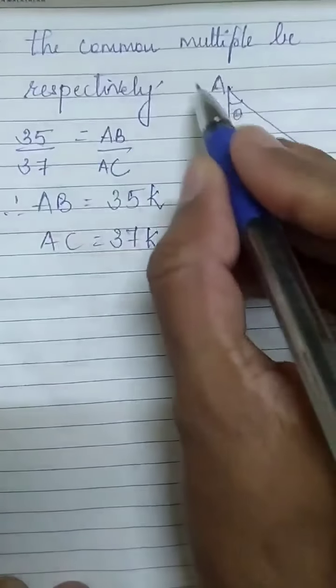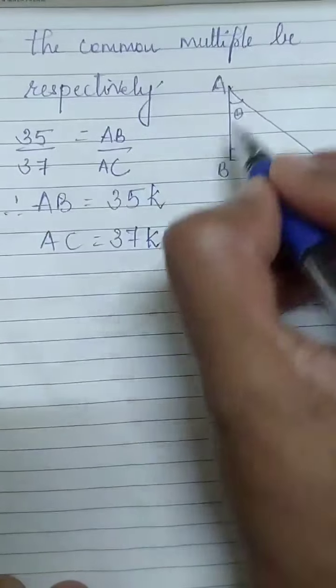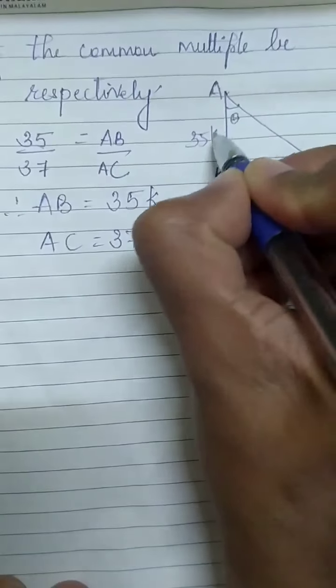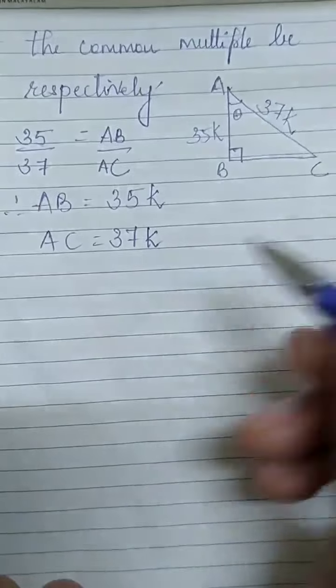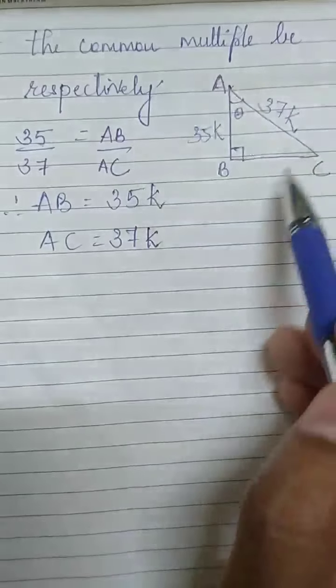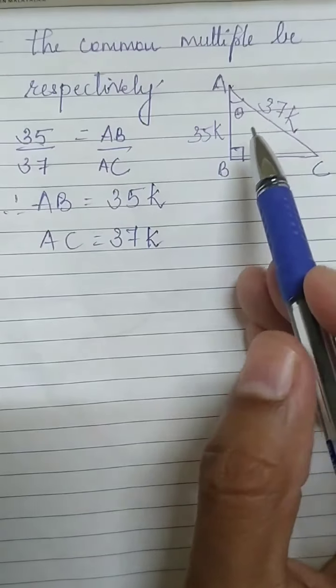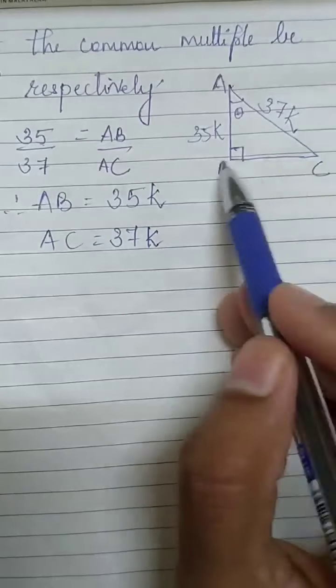Put these values onto this right angle triangle. AB is 35k and AC is 37k. Now apply the hypotenuse side test or Pythagoras theorem and get BC.